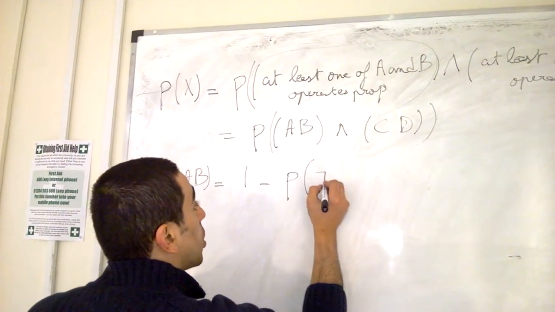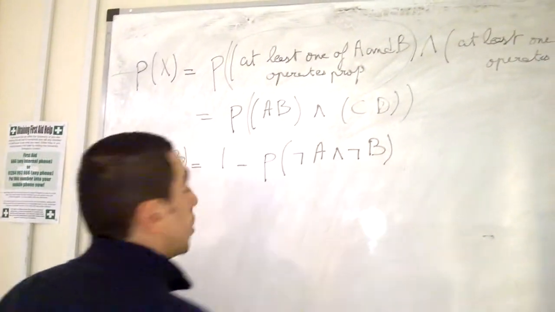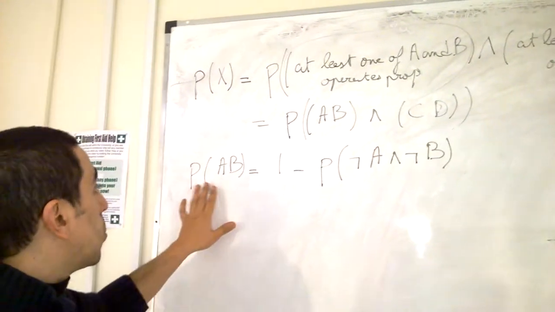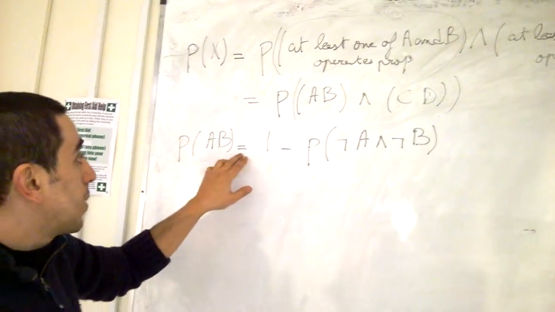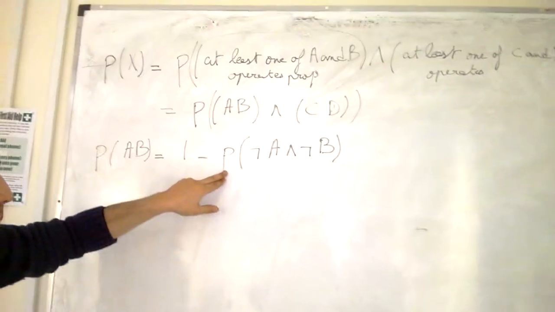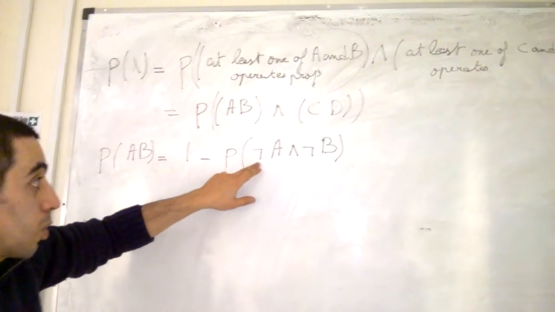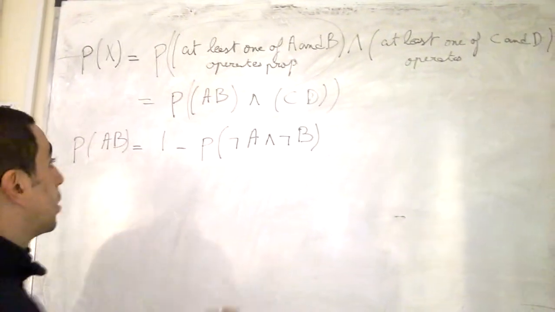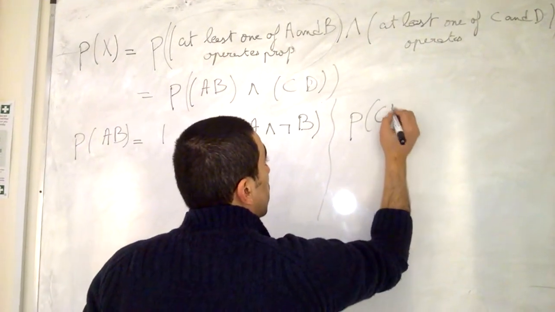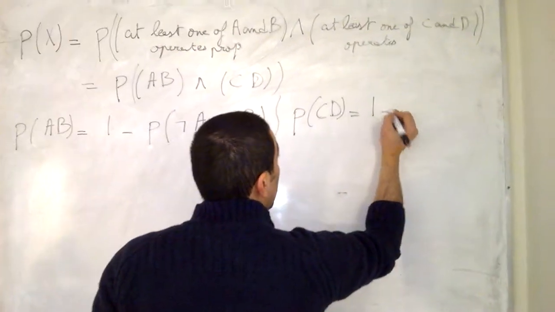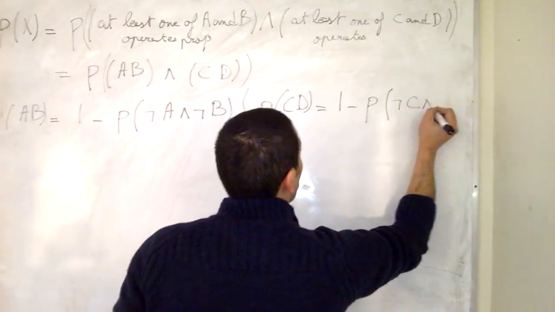That means not A and not B. So when they ask us to calculate the probability of at least one of A and B, you can do it this way: 1 minus the probability of the opposite, which is A not operating and B not operating. It's the same with C and D, so P(CD) is equal to 1 minus the probability of not C and not D.